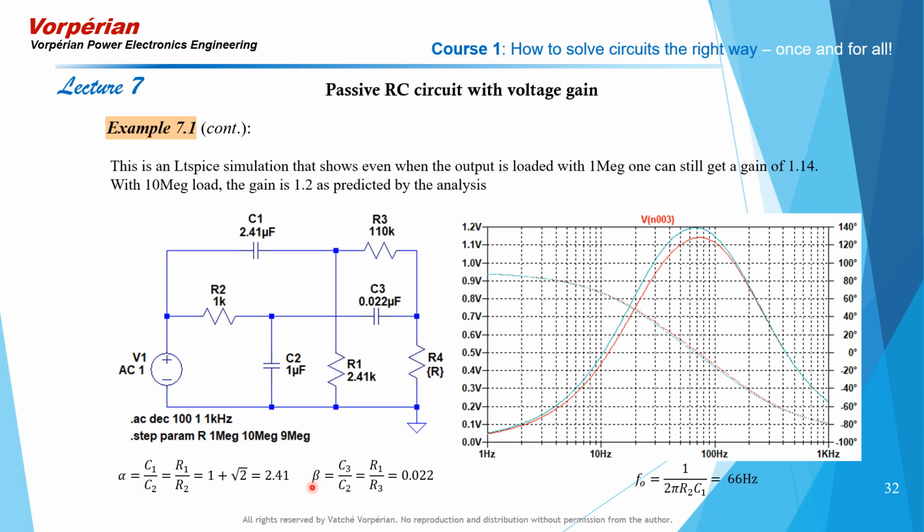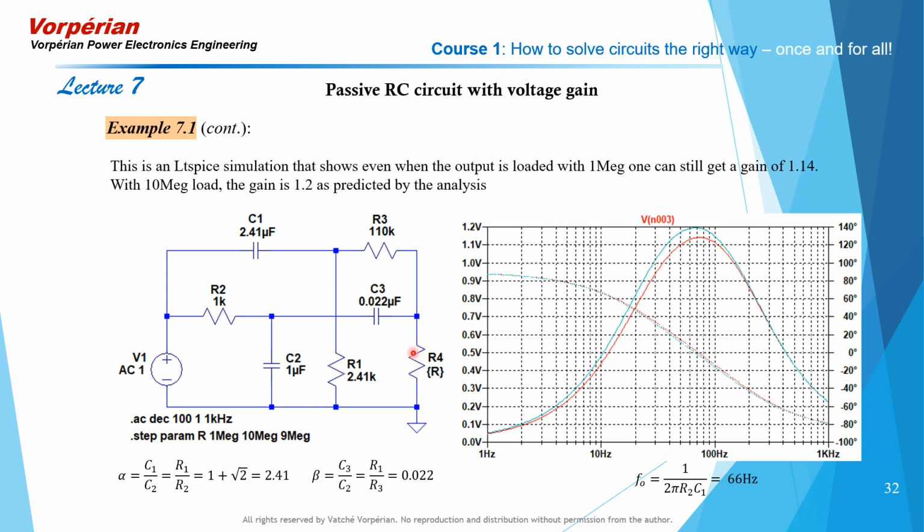Beta, which is the ratio of C3 to C2 and R1 to R3, is supposed to be 0 ideally, but we can't make it 0. We'll make it about 100 times less than alpha, which I've chosen here to be 0.022. I've even loaded this circuit down with 10 meg and 1 meg to see how well it works.